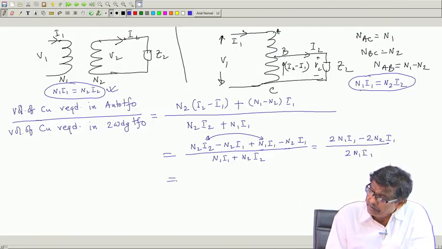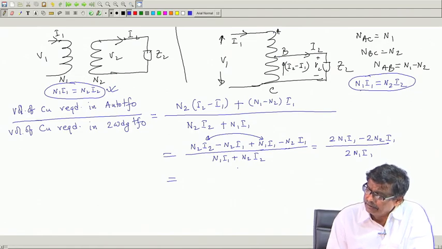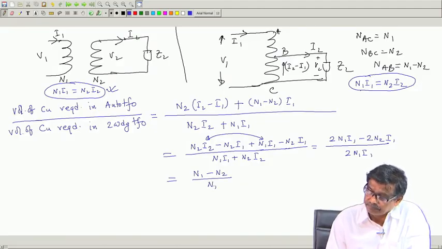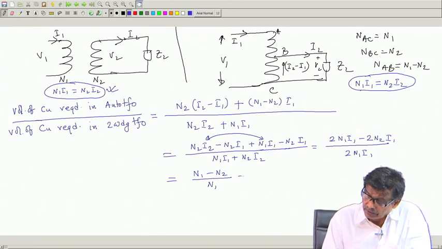And therefore, this I1 will come out. So, it will become equal to N1 minus N2 by N1 simply, which is equal to 1 minus N2 by N1.